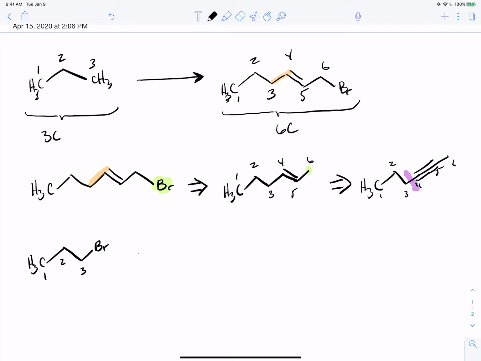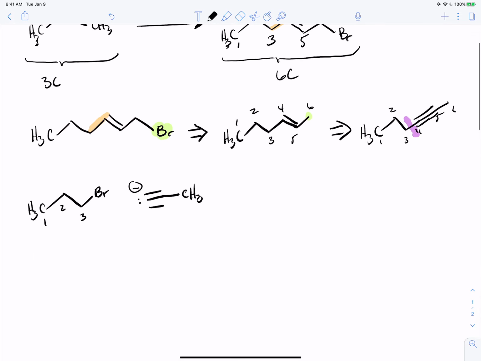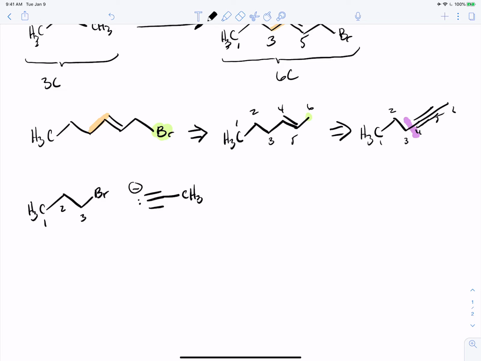And on the other side, we'll just keep it as the anion. And then now I've got my carbon fragments. Yeah, this must be the strategy they want you to use. But now I've got my carbon fragments here.